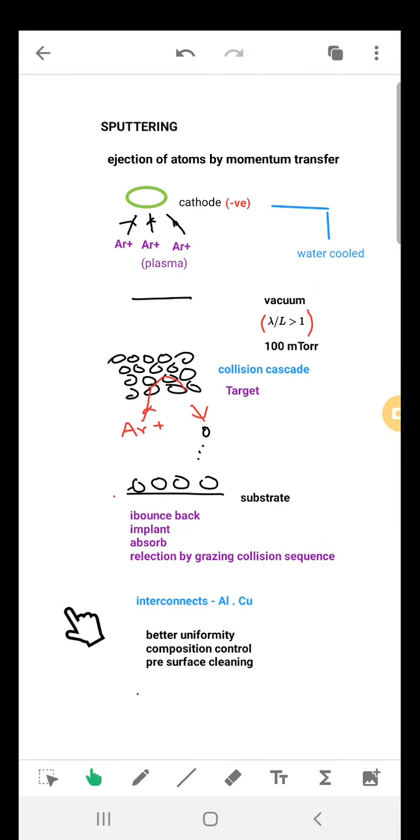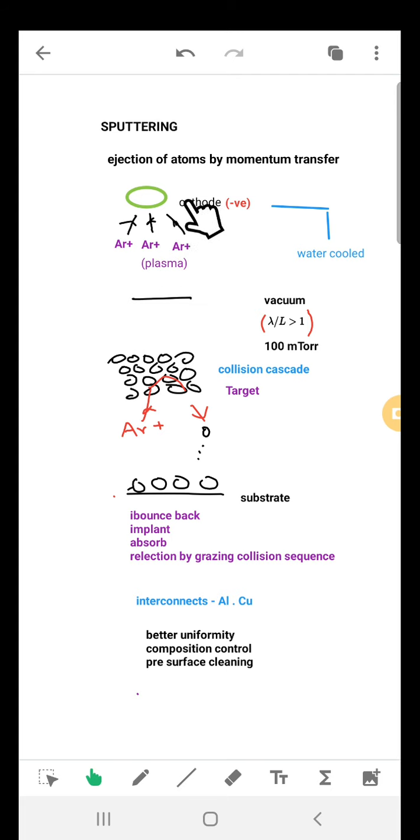The next PVD technique is sputtering. Sputtering is basically a process of ejection of atoms from the target by means of momentum transfer. The momentum transfer takes place from energetic ions produced in the plasma, which are accelerated to the target by means of an electric field.